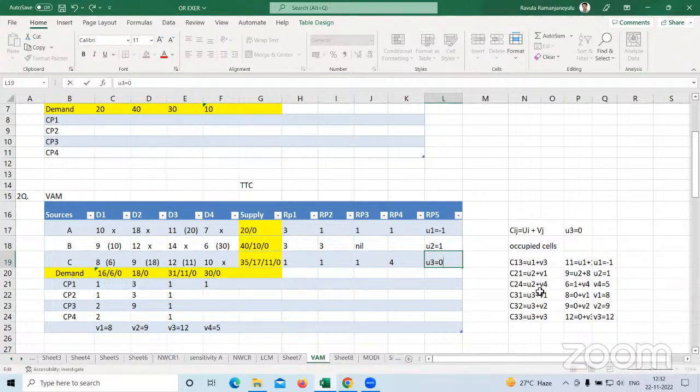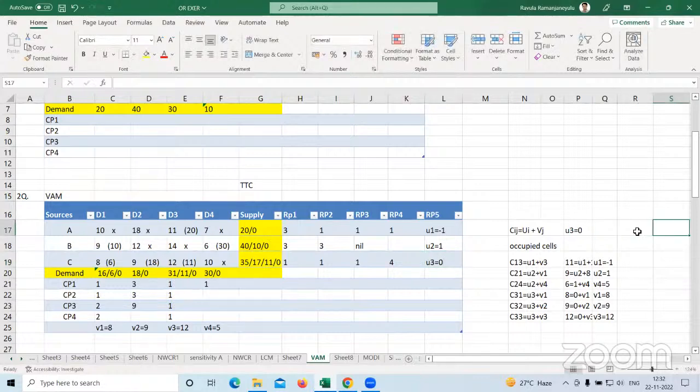Then for the verification purpose, we need to go through unoccupied cells. With the unoccupied cells cost, we need to substitute these U and V values and verify whether the cost is correct or wrong.